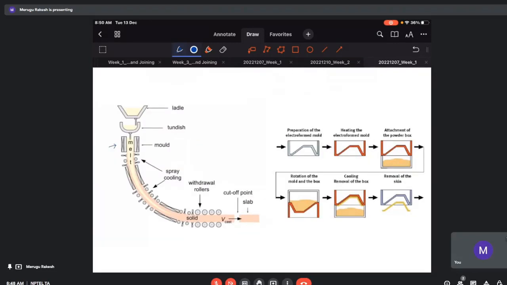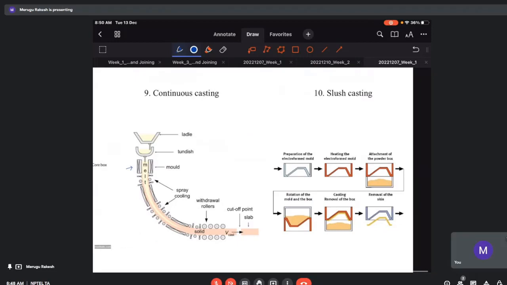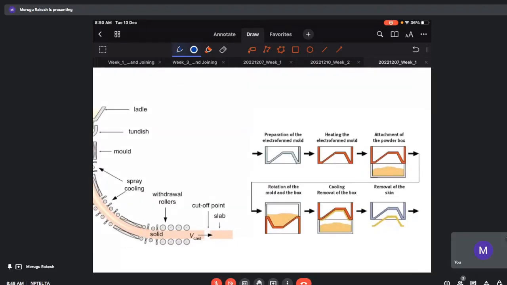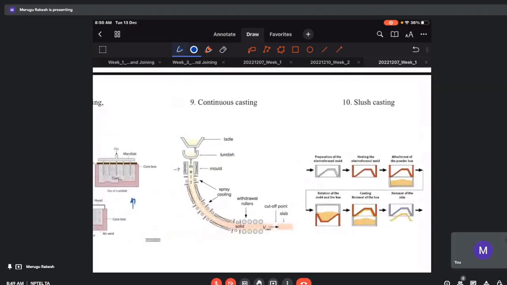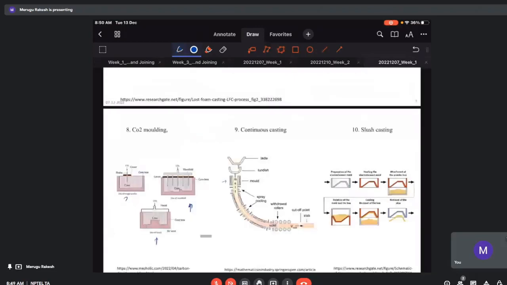Initially we have a mold which was heated, and then it was added in the powder, and the rotation of the powder, so that the sand which is in contact will get hardened, and which is finally removed. Okay, this is the process of slush casting. So this was used mainly for the hollow objects that we want to produce. So this is the main special types of castings that we generally use.